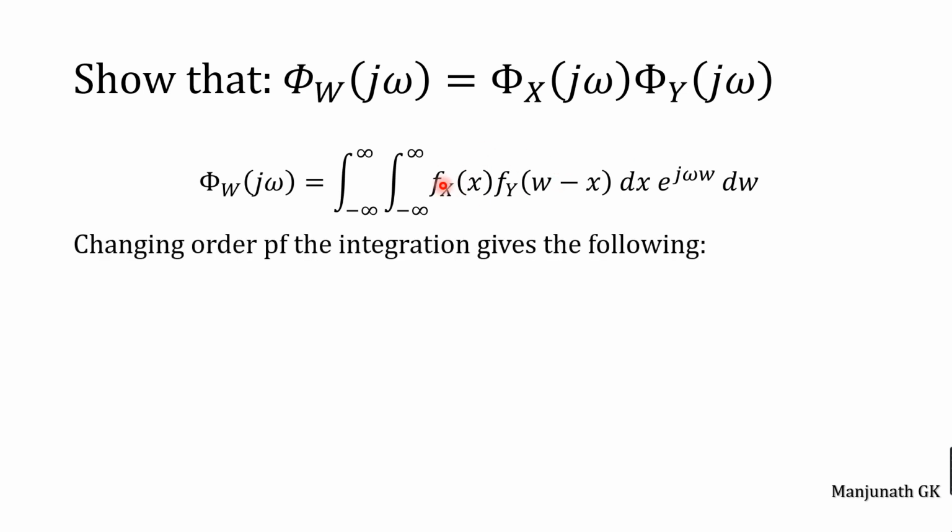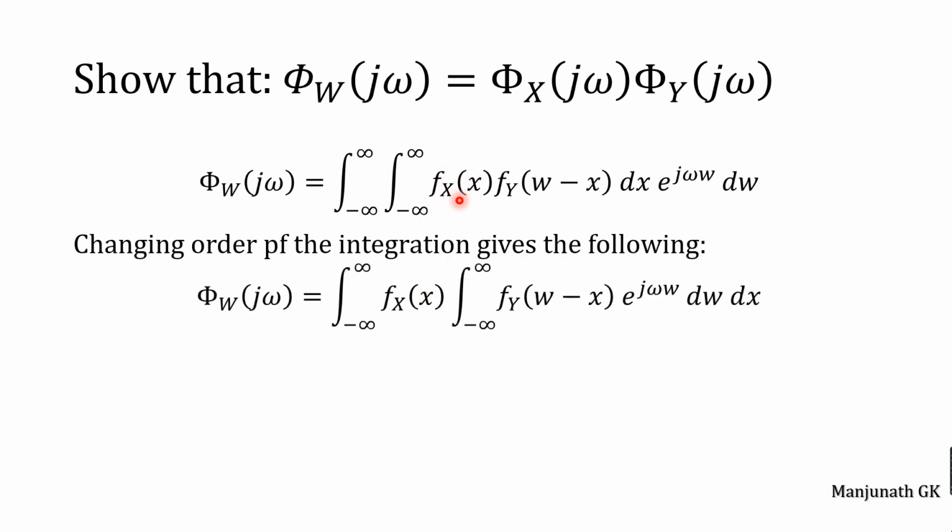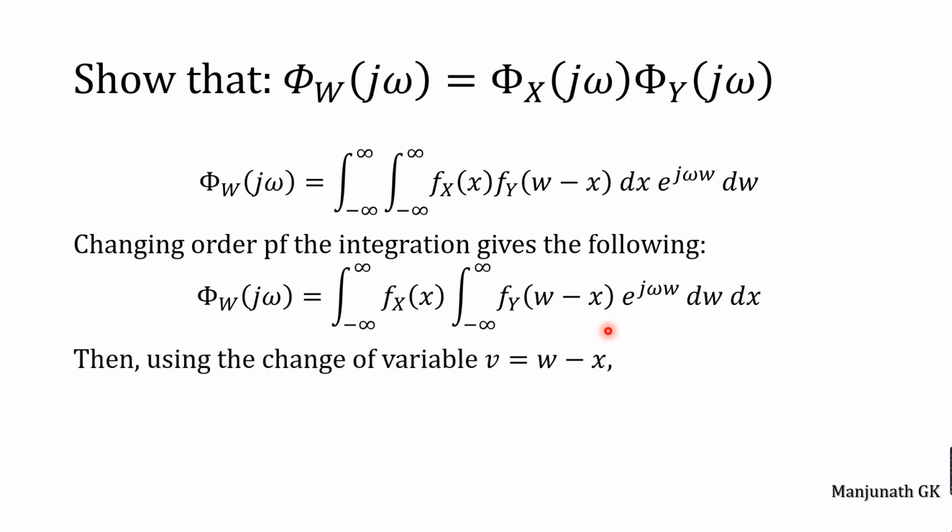Okay, so changing the order of the integration, it is separated and written as it is, and we make use of a change of variable concept. Let us put w minus x equals v. If it is differentiated, we get dv equals dw, and it can be replaced by v, and this w can be replaced by v plus x.